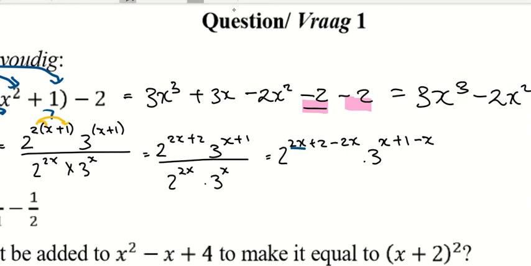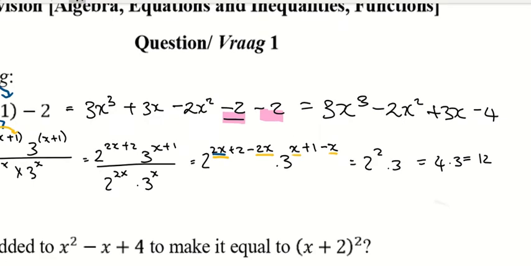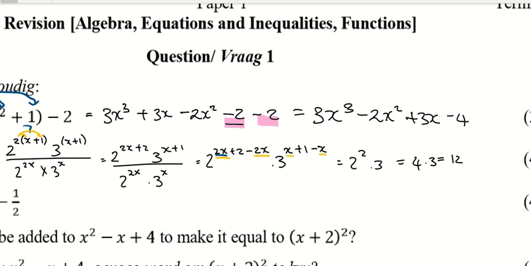These like terms, they are the same. This one is also the same. So I'm basically left with 2 to the power of 2 and 3 to the power of 1. If I simplify, 4 times 3 is equal to 12. What is 3 to the power of 1? It's just 3.